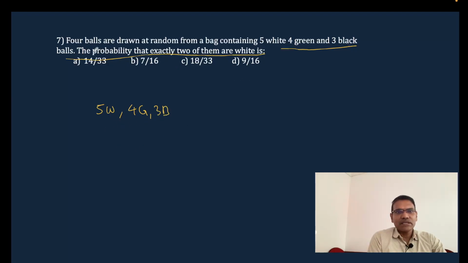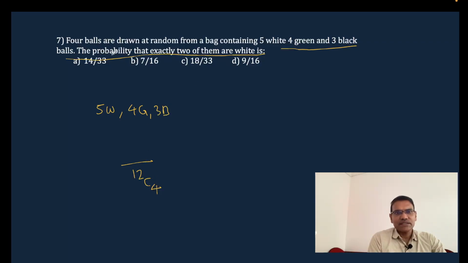Don't worry about the extra condition. Now tell me, the number of ways of selecting 4 balls out of how many balls? 12 balls. So in the denominator we must have the value 12C4.